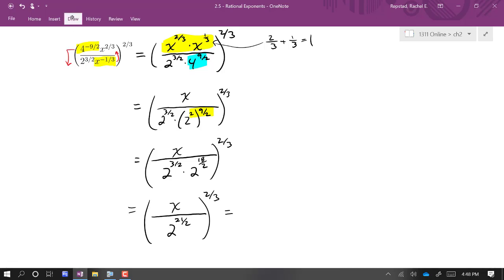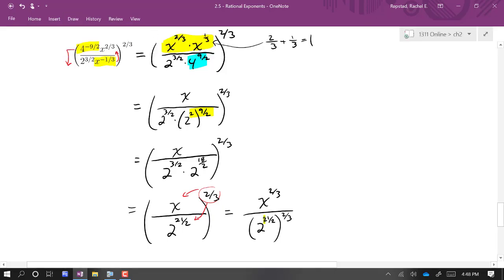Okay, now I'm going to distribute this exponent. Up top, I've got x to the 2/3. On the bottom, I've got 2 to the 21/2 all raised to the 2/3 power. And we can multiply those exponents. So I think this is going to simplify kind of nicely, or at least look a little nicer than it does now. Multiplying those exponents, 21 over 2 times 2/3.